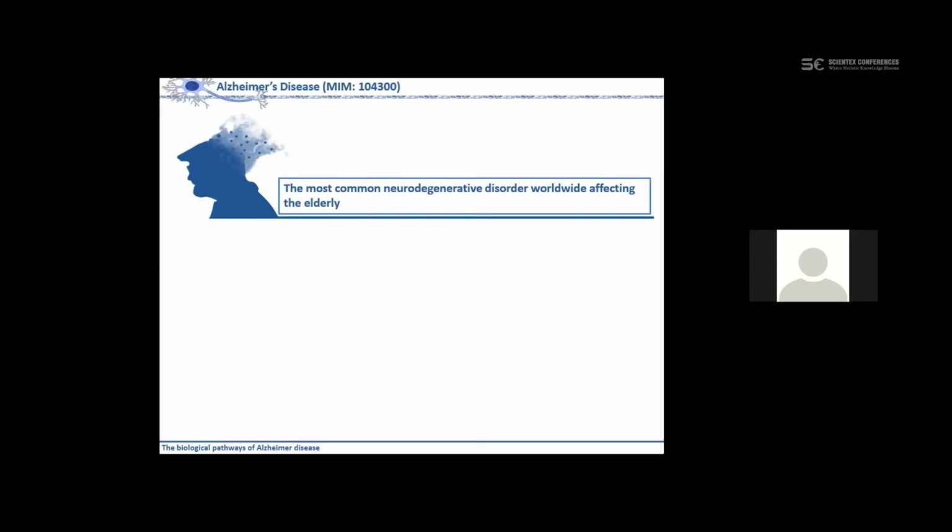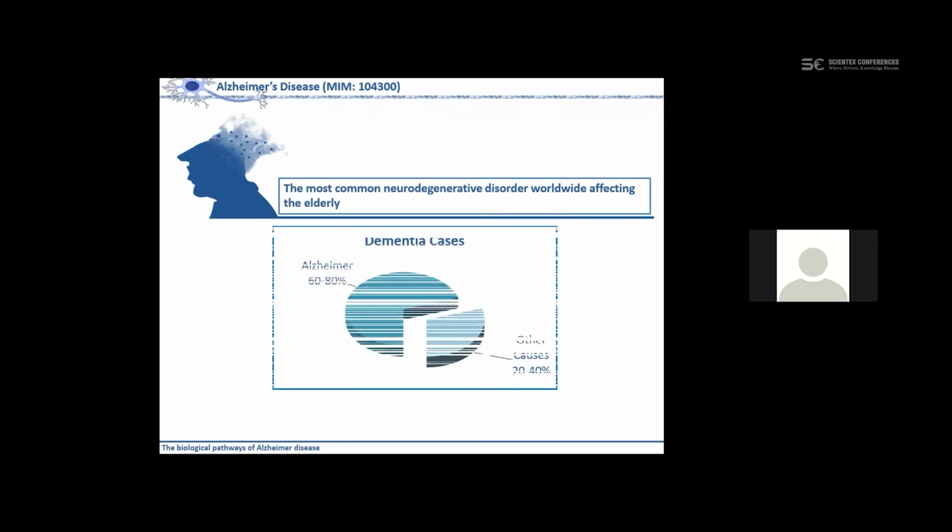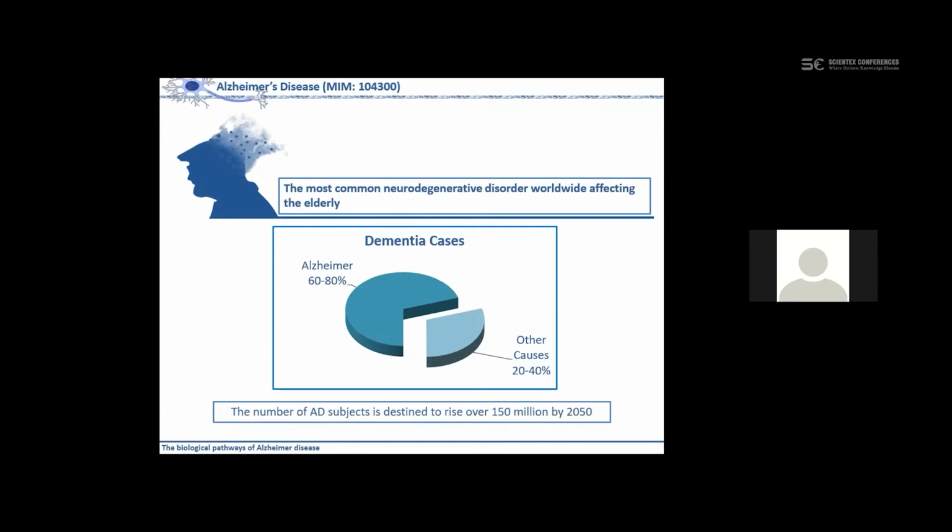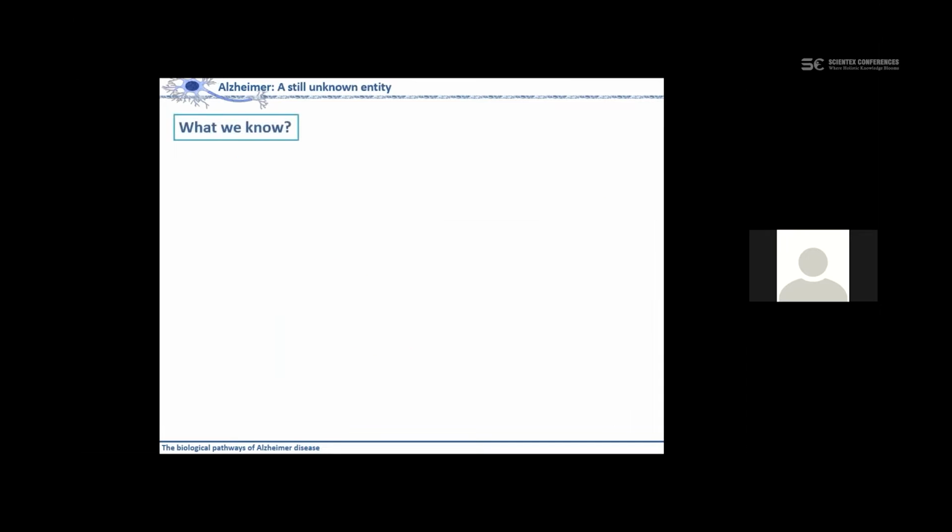About 10% of people of age 65 and older suffer from AD. Epidemiologic data in the last decade highlighted a sharp increase of AD incidence, and the current AD trend is alarming. It was estimated that over 150 million people will develop AD by 2050.